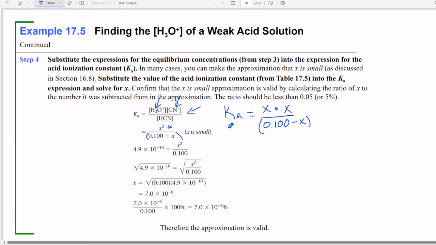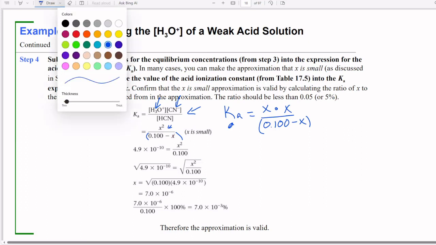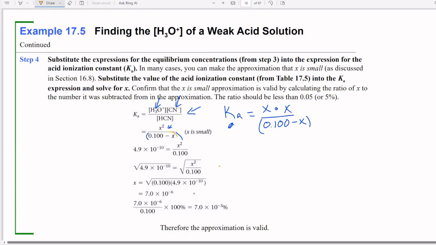and that is to assume X is small. If we assume that X is small, then the amount of X that we are losing from our initial acid amount that we put in, which was a 0.100 molar concentration, we assume that it isn't going to ionize very much.